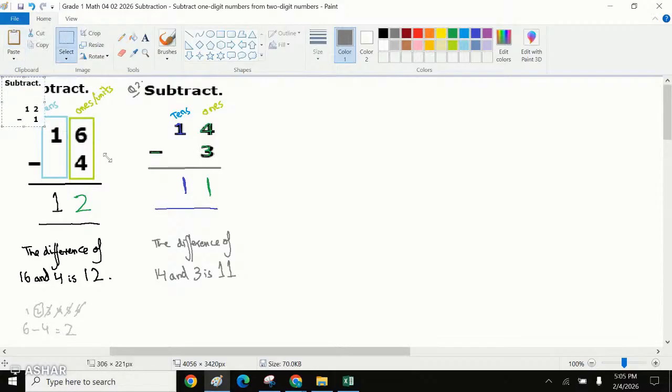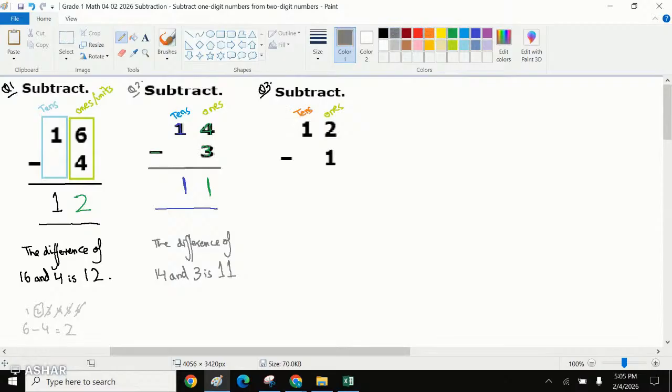For question number 3, if we need to subtract 12 minus 1, okay, let's write this. This is our question number 3. We just need to remember which value is for ones and which set of values are for tens.